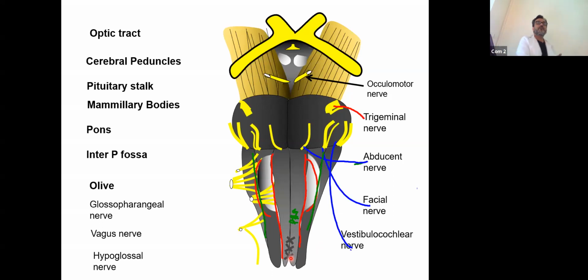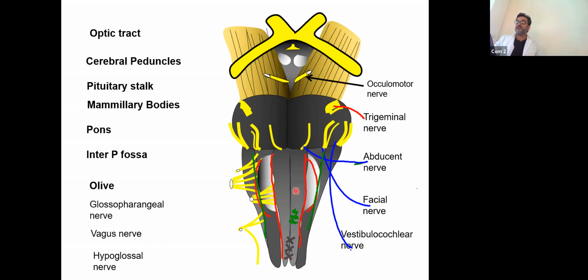They are going to form the lateral corticospinal tracts as they cross. So on the front of the medulla, you see a median fissure. On the side of the median fissure, you see two triangular elevations, called pyramids. They are formed by the corticospinal tract.